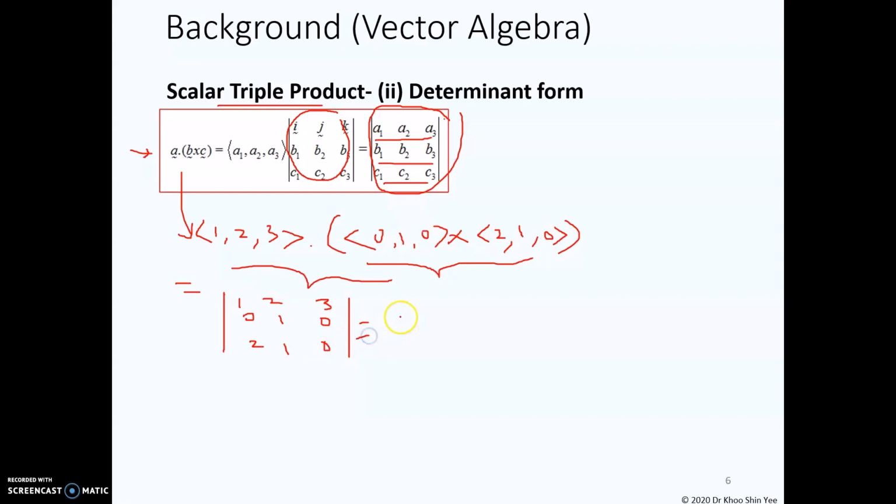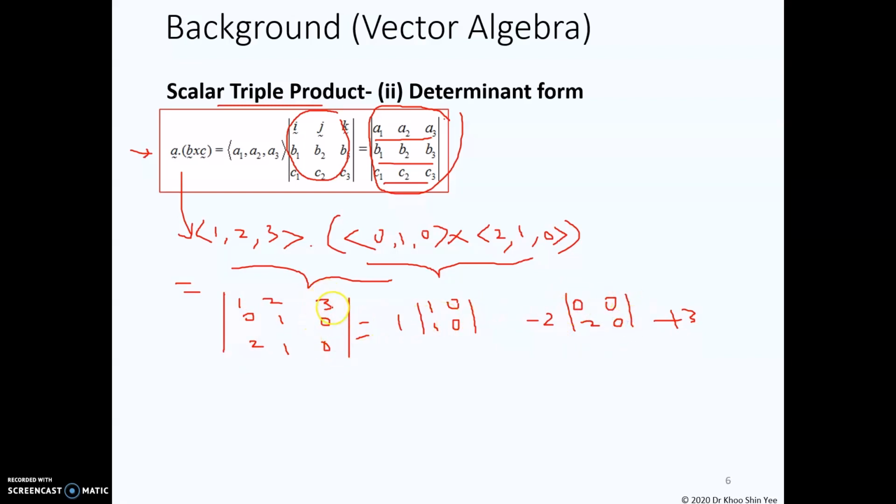This is equal to 1, negative 2, plus 3. So 1 here, when you cross it, you obtain the determinant for 1, 0, 1, 0. Then you cross the column for the second element here, then you obtain the determinant to be 0, 2, 0, 0.